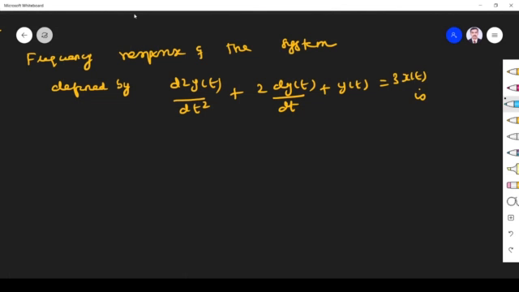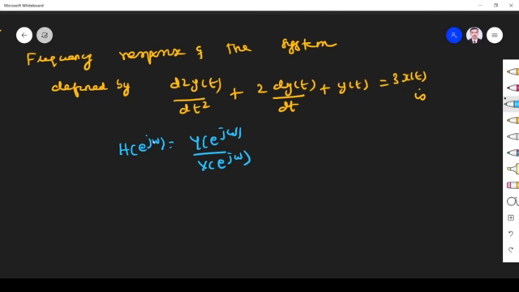Next question, the frequency response of the system. If you want to find the frequency response, what is frequency response? H of e power j omega is equal to Y of e power j omega divided by X of e power j omega. So you take the Fourier transform, otherwise take the Laplace transform and put s equal to j omega. I follow that procedure.